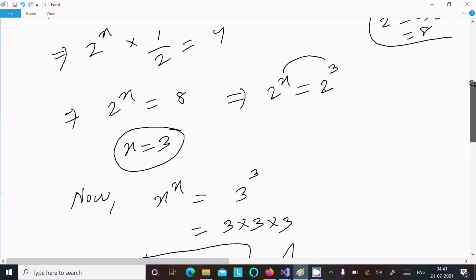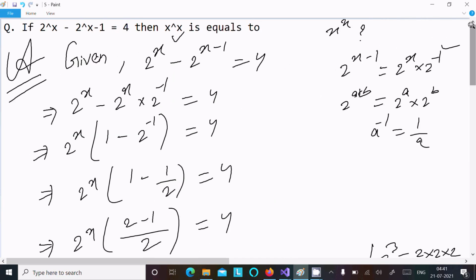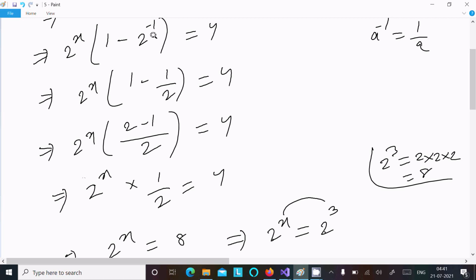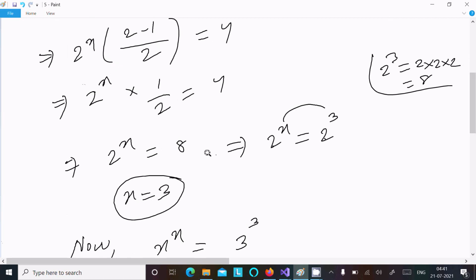Let me repeat once. Write the given: 2^x − 2^(x−1) = 4. If you get terms like 2^(a−b), you can easily write it as 2^a into 2^(−b). After that, take 2^x common, calculate, and 2^x equals 8.